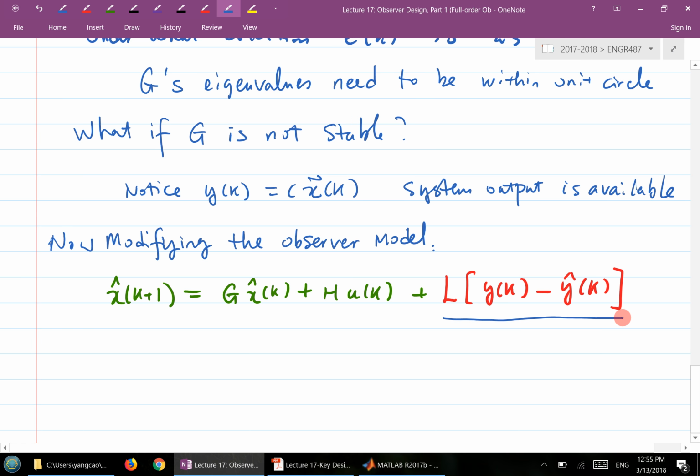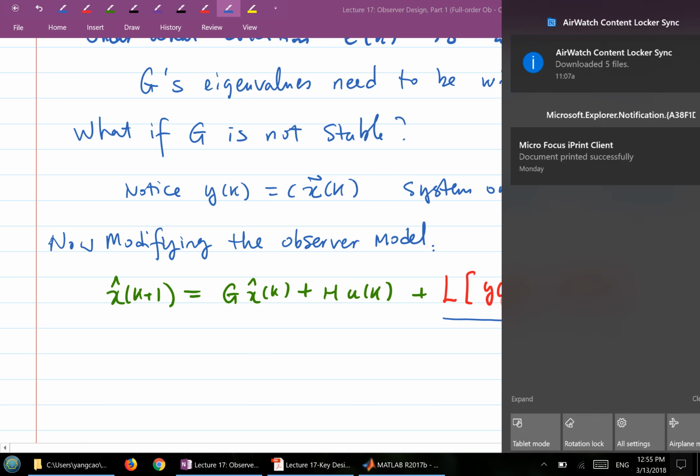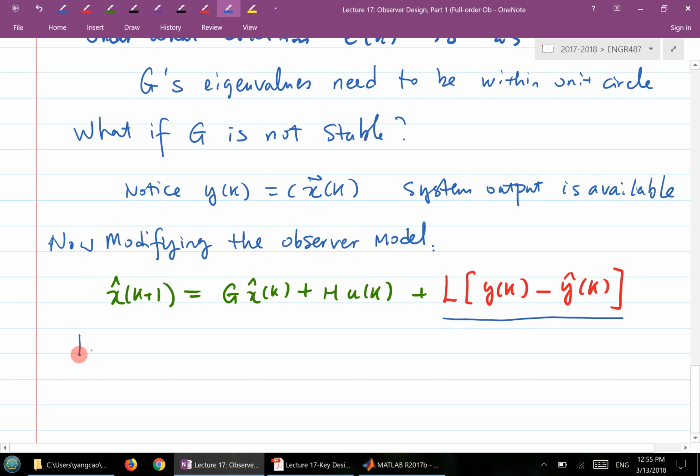First of all, the L here is called the observer gain. If I look at the dimensions of this expression, x hat is an n by 1 vector. The y here is the system output, so it is a known quantity.